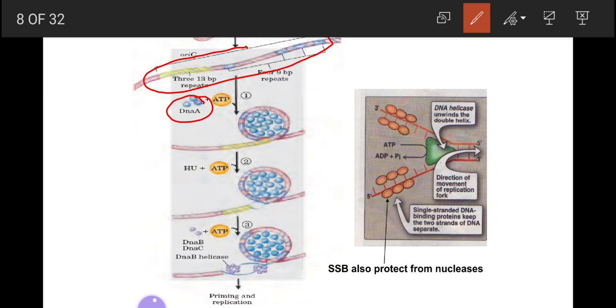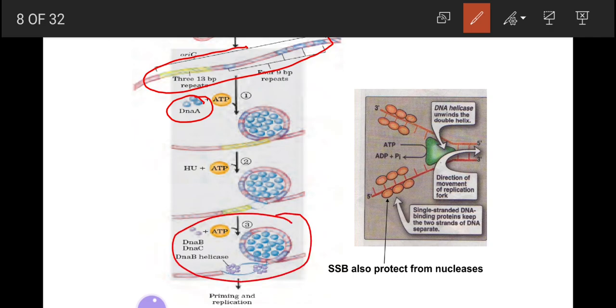All the required proteins needed for the initiation of the replication are a group of proteins, and they form the pre-priming complex.